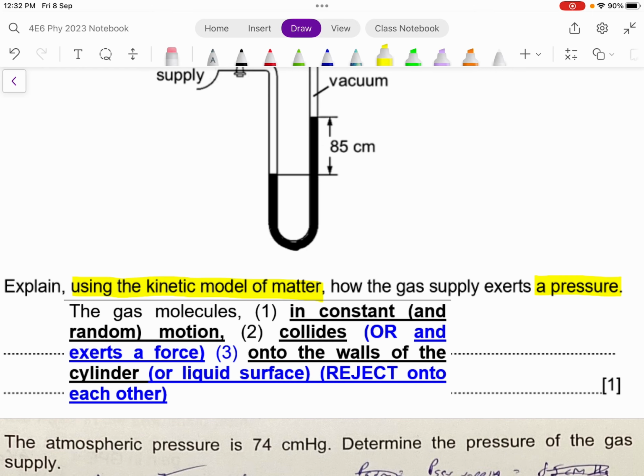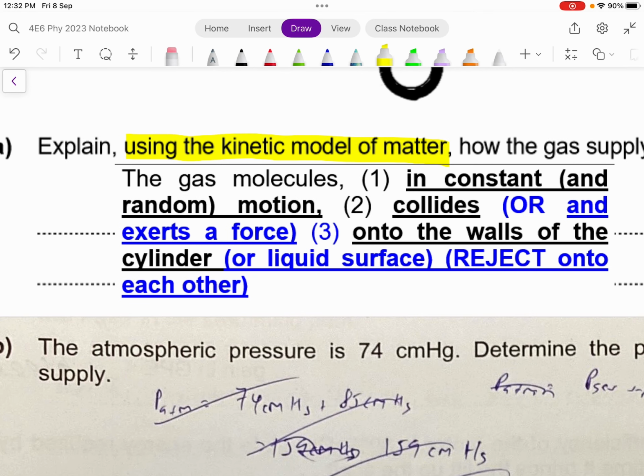So in this case, we want to see that you could relate pressure with the thing that is responsible for it, in this case, the gas molecule. And whether you are aware that the key highlight of the kinetic model of matter is that these particles are always in random motion.